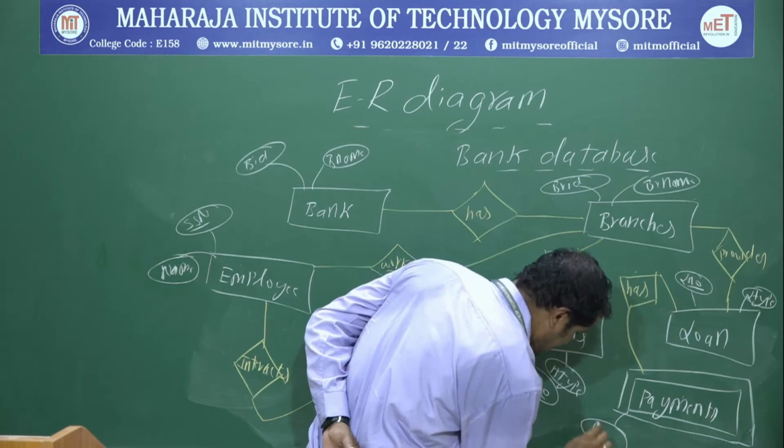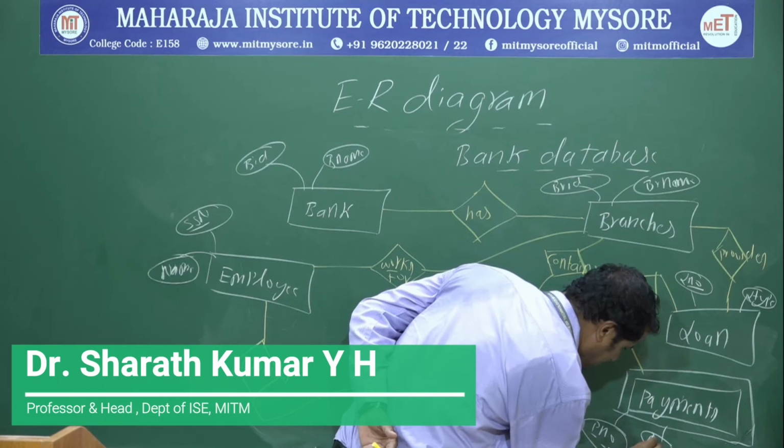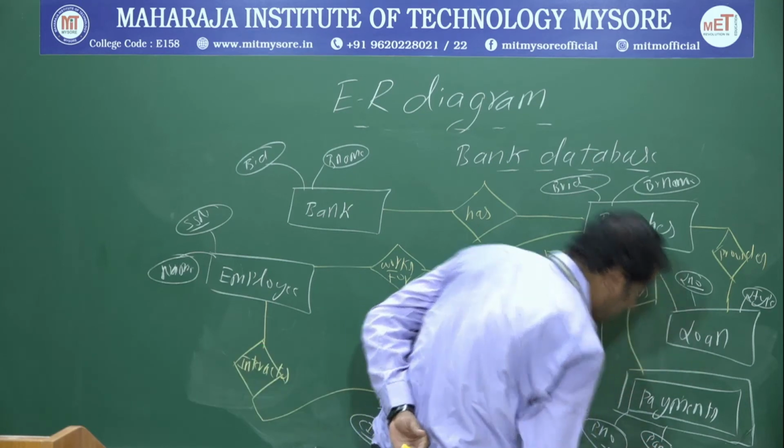Payment: payment number, which is a partial key, and payment amount.